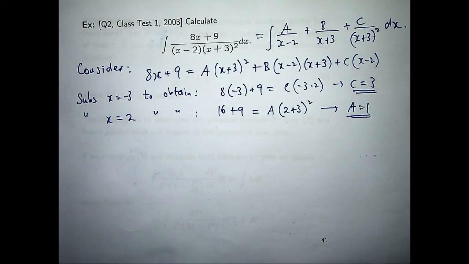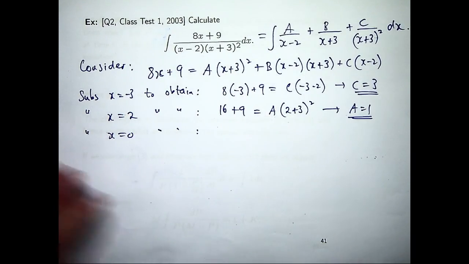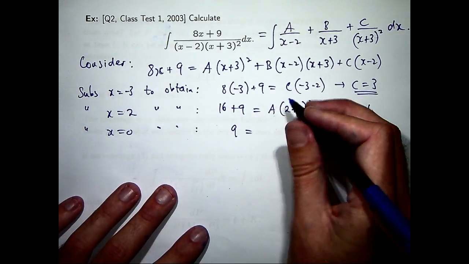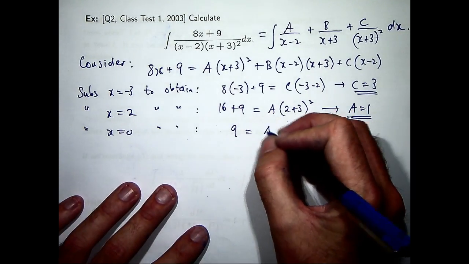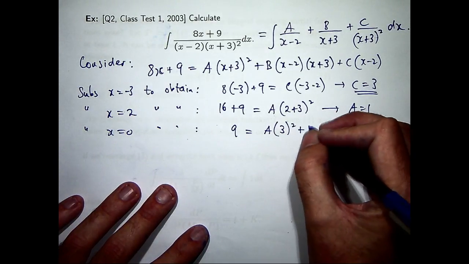Yeah, you could equate x squared, yeah. I guess you could substitute in x equals 0. 0 is a pretty easy number to work with. Just sub in x equals 0, right? All right, so on the left-hand side, I'm going to get 9. On the right-hand side, I'm going to get something like this.